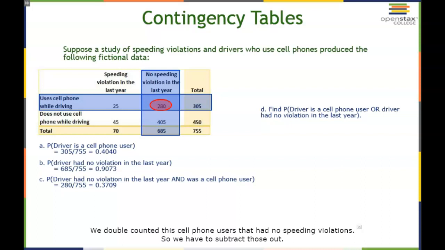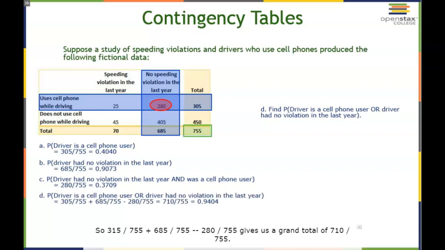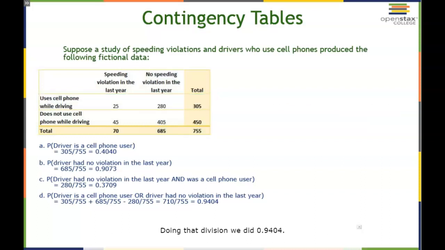We double counted the cell phone users that had no speeding violations. So we have to subtract those out. So 305 divided by 755 plus 685 divided by 755 minus 280 divided by 755 gives us a grand total of 710 divided by 755. Doing that division, we get 0.9404.